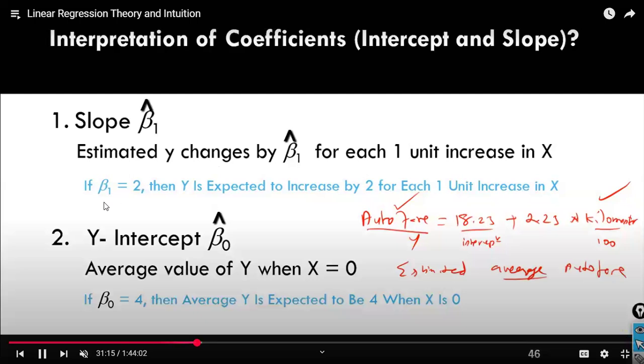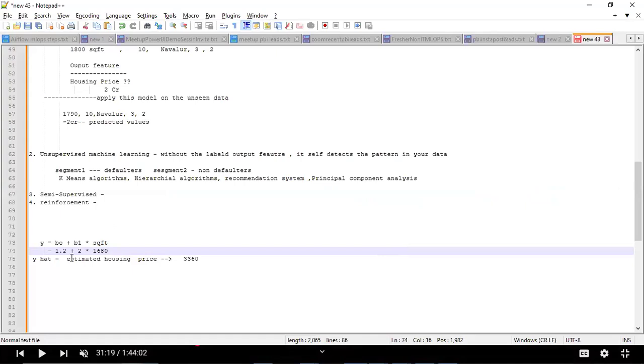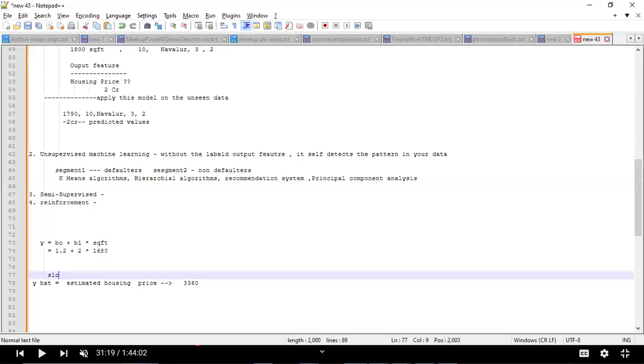So, for example, here beta 1 is the slope. If the slope is 2, then y is expected to increase by 2 for each 1 unit increase in x. Look here, in this example, the slope is 2.